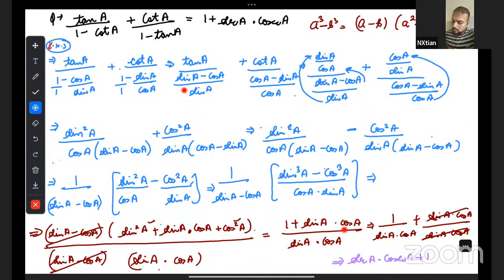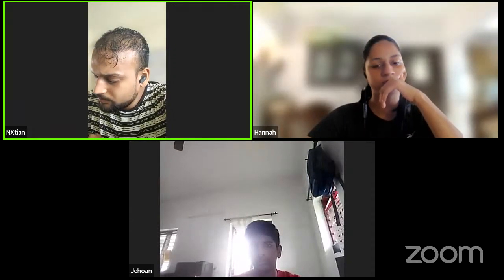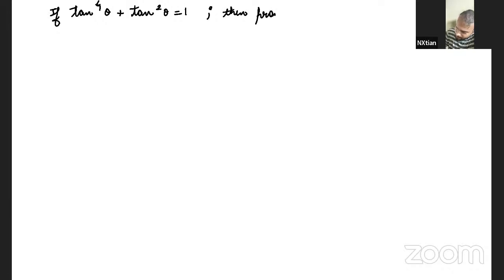Okay. So now we'll do the next question. Now the question is, if tan 4 theta plus tan square theta is equal to 1, then prove that cos 4 theta plus cos square theta is also 1. So if tan 4 theta plus tan square theta is equal to 1, then what we have to prove?